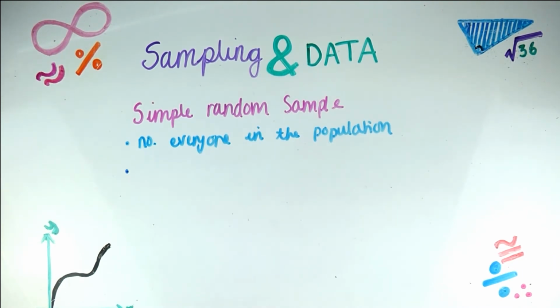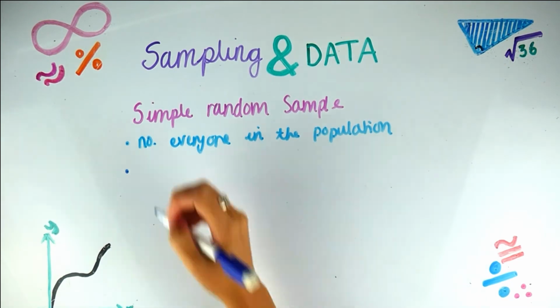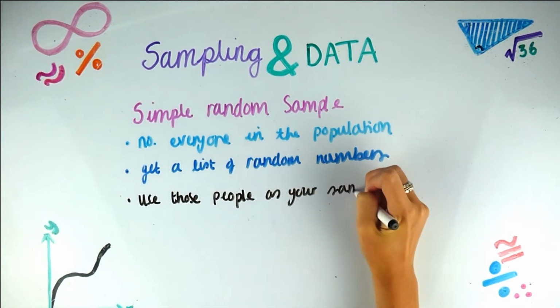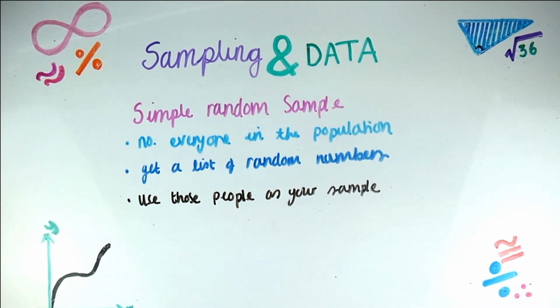Pick random numbers and then take those people that you'd given those numbers to in the population and use them as your sample. So basically what you've done there is, as long as you do a big enough sample, that's really good because it's completely random. Everyone's been given a number, you randomly generate a list of random numbers and you pick those out of the population. So everyone is equally likely to get picked, and hopefully you're using a big enough number.